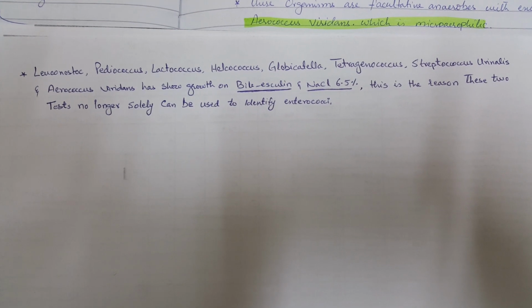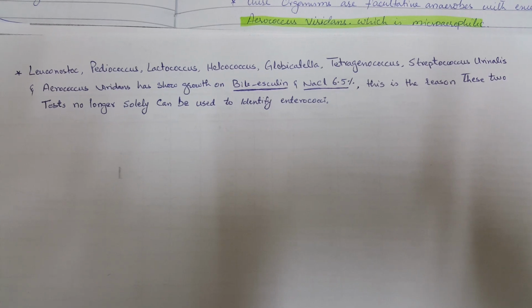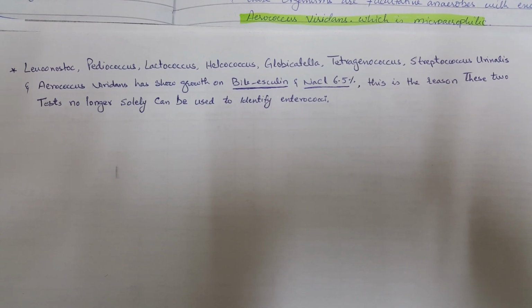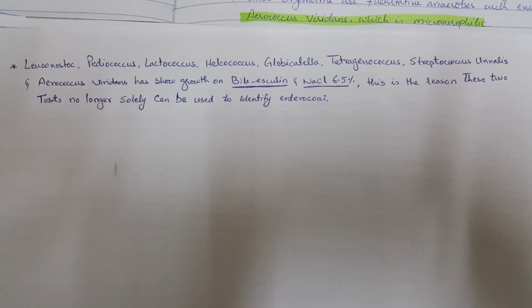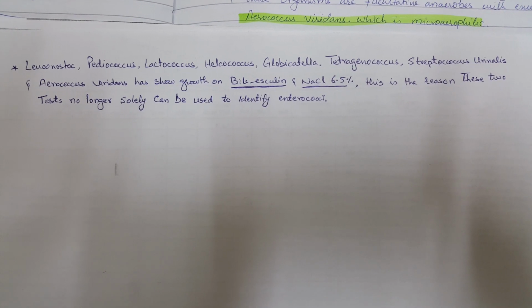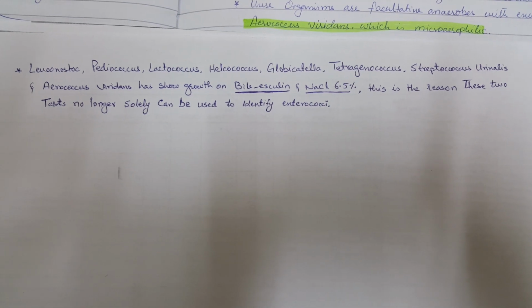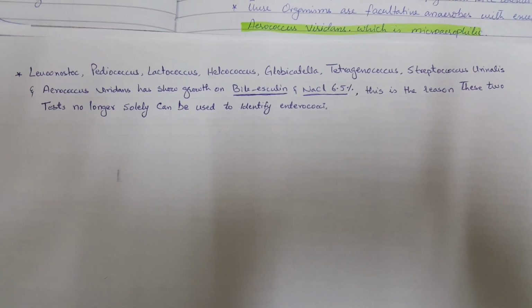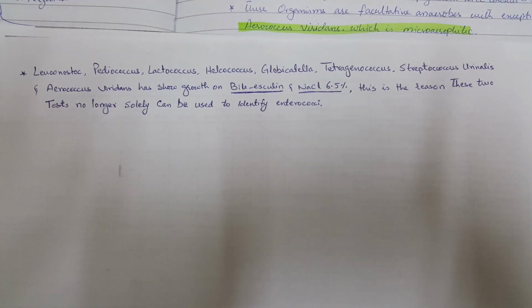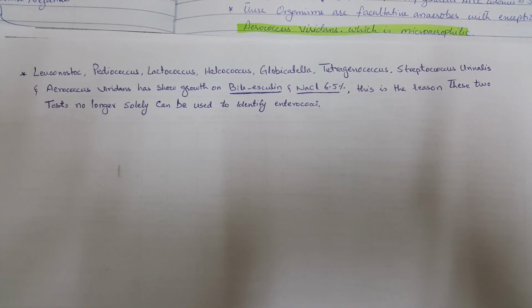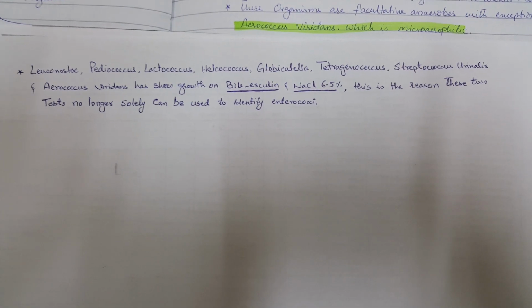Leuconostoc, Pediococcus, Lactococcus, Helcococcus, Globicatella, Tetragenococcus, Streptococcus urinalis, and Aerococcus viridans have shown growth on bile esculin and NaCl 6.5%. This is the reason these two tests can no longer solely be used to identify the enterococci.